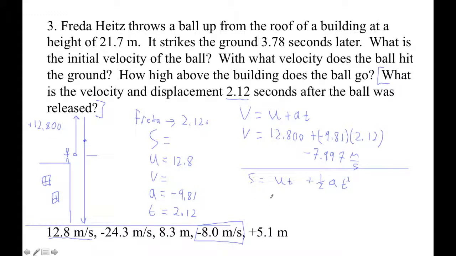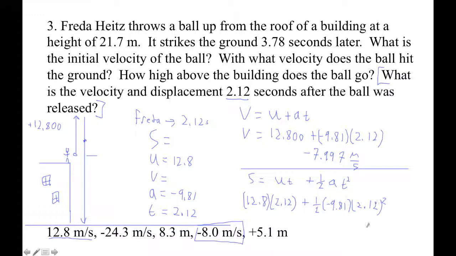And we just plug these numbers in. It's going to be 12.8 times 2.12 plus 1/2 times negative 9.81 times 2.12 squared.